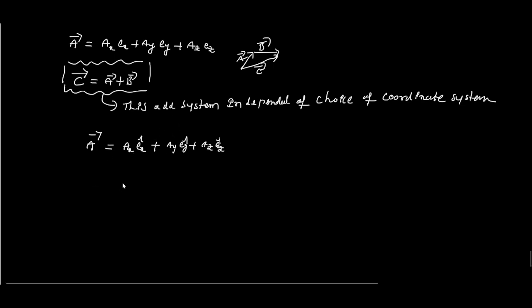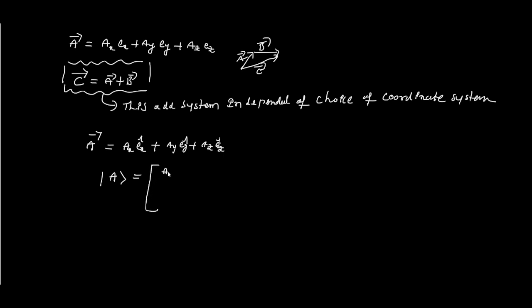So the state vector is represented in quantum mechanics like this, the ket vector. These ket vectors are written in terms of column vectors in matrix form: ax, ay and az.